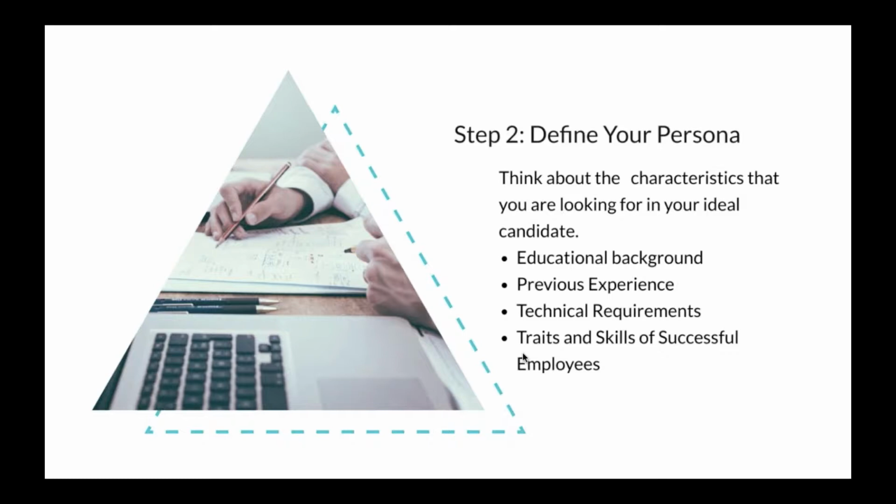So first, as you are looking to define your persona, think about the characteristics you're looking for in an ideal candidate. So the first thing, of course, you're going to have is an educational background. So if you're looking to hire a nurse, you want that person to have a nursing degree. If you're looking for an ED, maybe you want that person to be college educated.